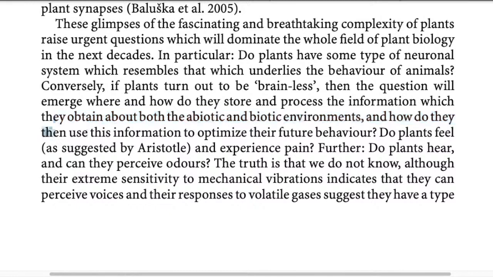And how do they then use this information to optimize their future behavior, like planning for the future? Do plants feel, as suggested by Aristotle, and experience pain? Further, do plants hear, and can they perceive odors?